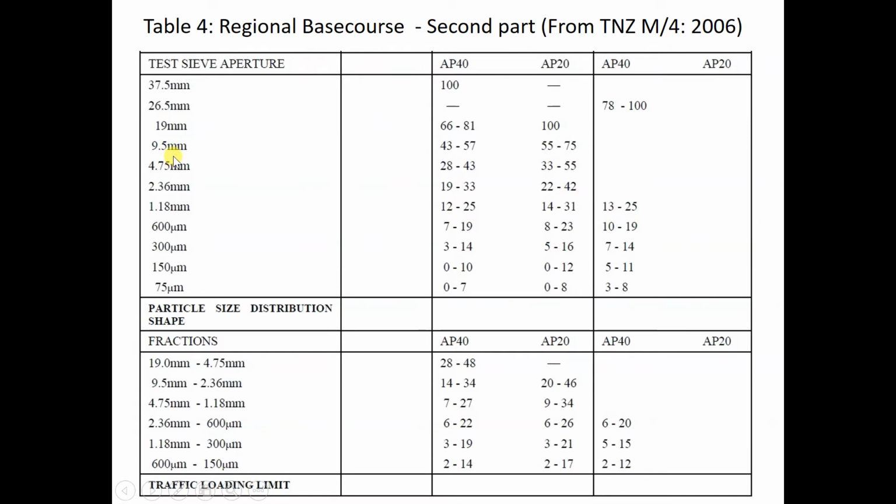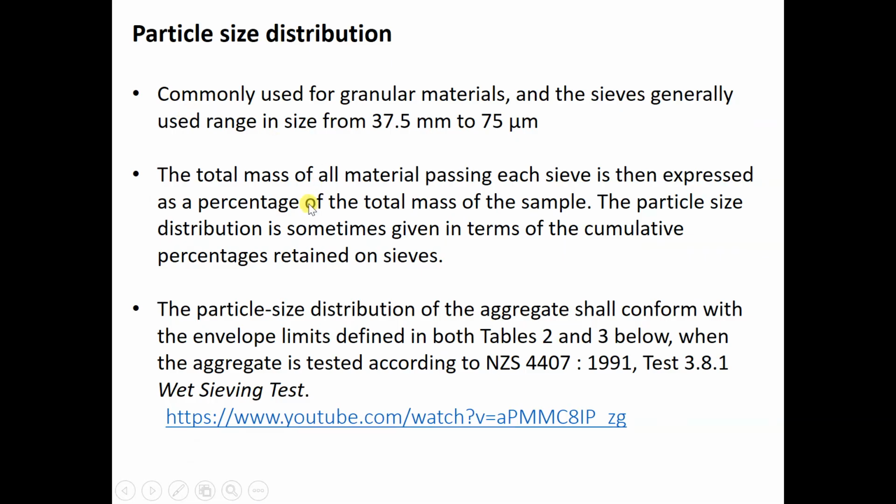Above 4.75 mm is the coarse material, and 4.75 mm and below are considered fine aggregates.